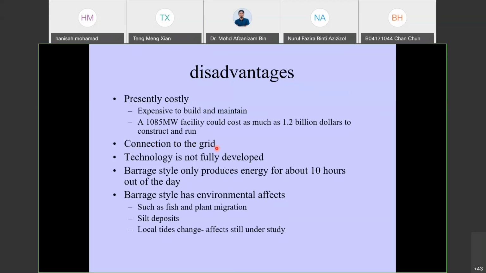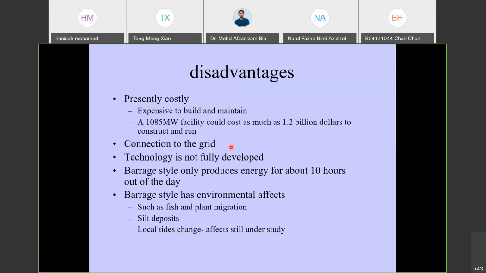Connection to the grid. Okay, technology is not fully developed. This is the thing, because you need to remember, it's not only about constructing the tidal turbine, but you need to consider how to install it, how to bring it forward to the middle of the ocean or the sea, and also how to troubleshoot, how to maintain, how to monitor the performance of each.